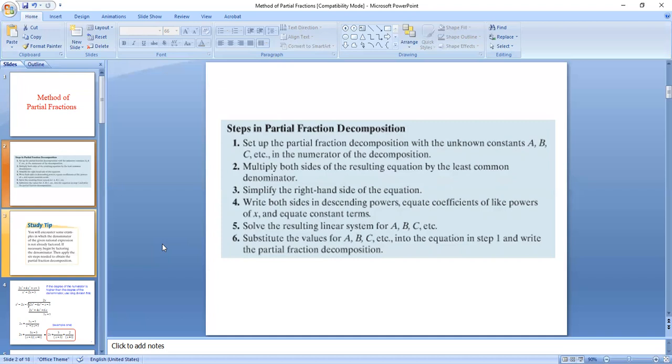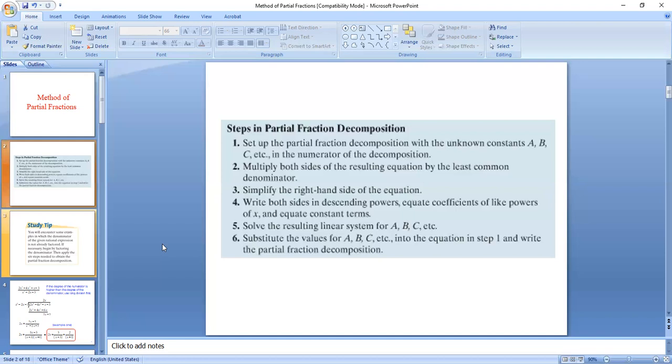Step 2: multiply both sides of the resulting equation by the least common denominator. Since you already represented your original fraction with partial fraction equivalents with numerators A, B, C, what you're going to do is multiply this entire expression by the least common denominator.